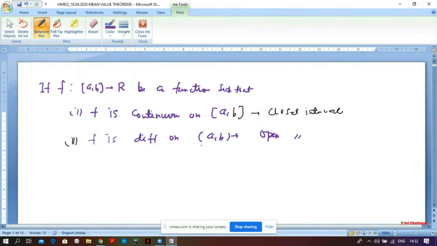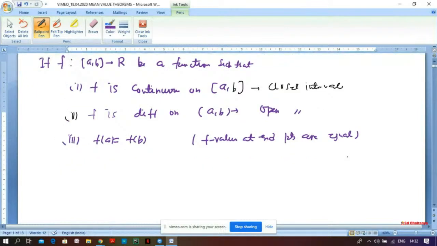And third, f(a) equals f(b), that is, you require that the function has the same values at the endpoints.